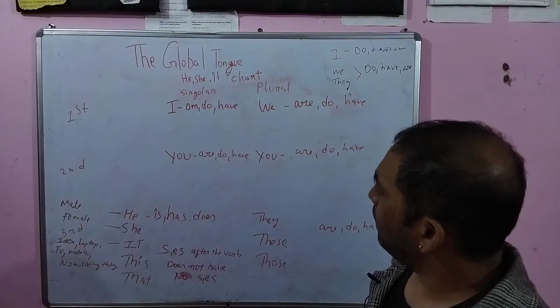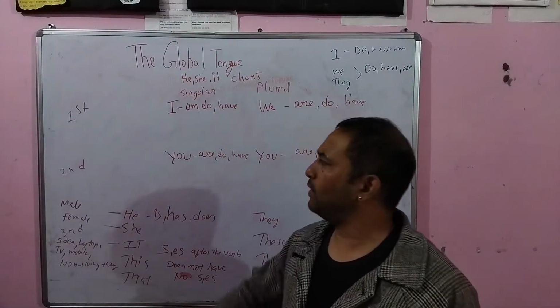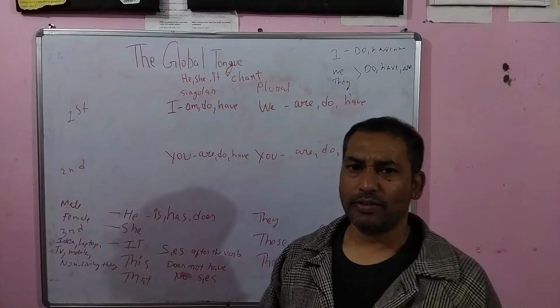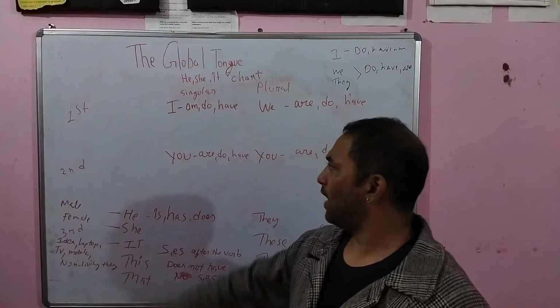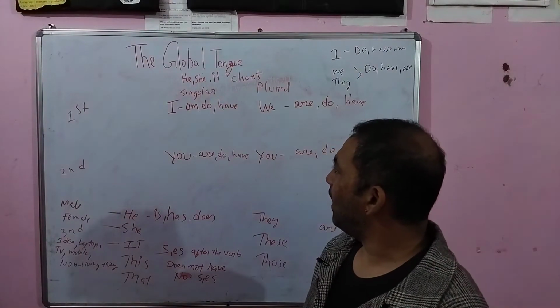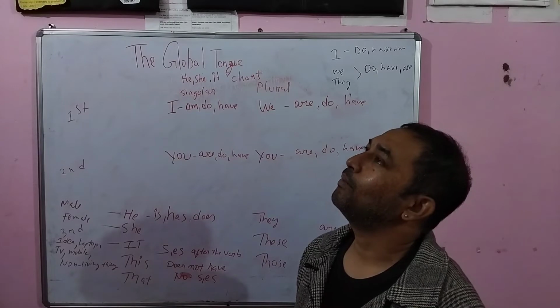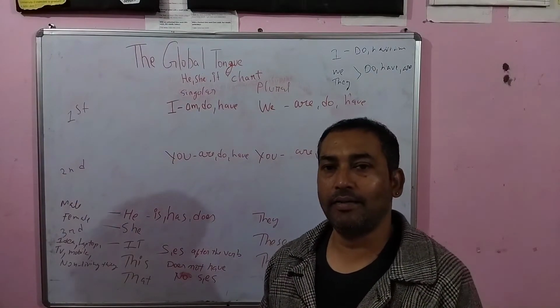So whenever you use I, with it, you have to either use am, do, or have. So I do this, I do that. I am a teacher, I guess, and I am living in Haridwar.